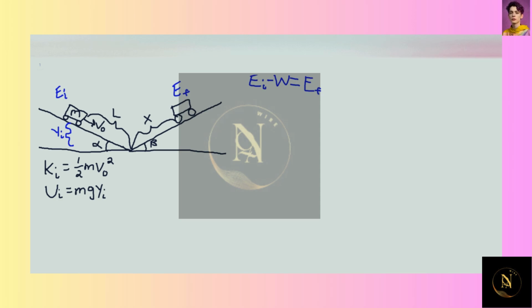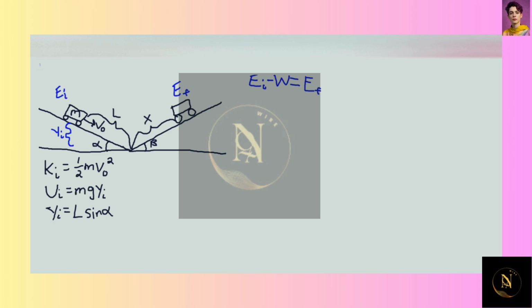So we can then easily write that yi is simply equal to L times the sine of alpha. So that will put the potential energy term in terms of the quantities that were given, alpha and L.